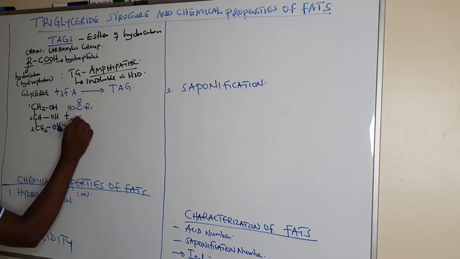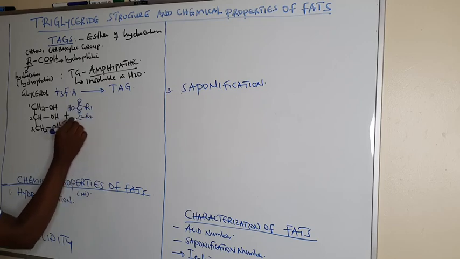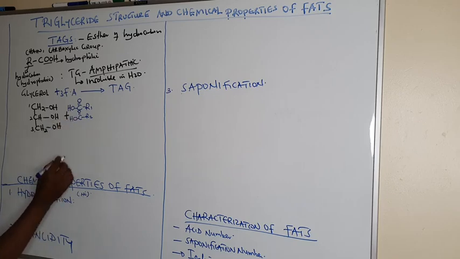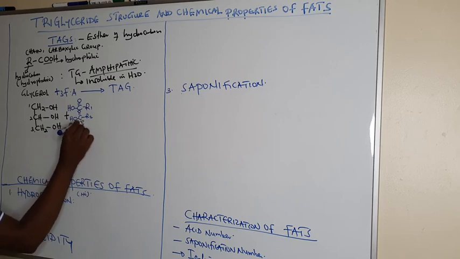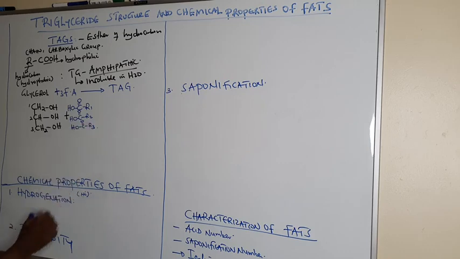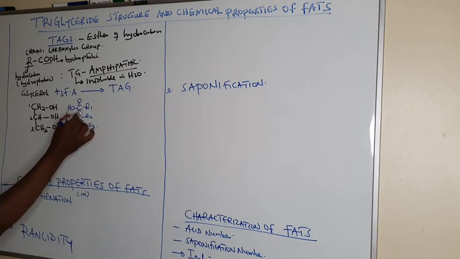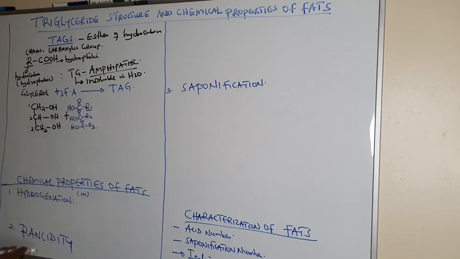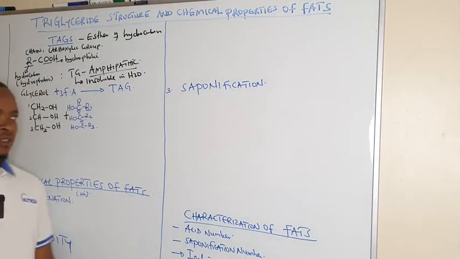Then we have the second fatty acid chain with the OH group. Then we have the third with the OH group. So if we add 3 fatty acids, this is the fatty acid number 1, number 2, number 3, and this R is showing a variable hydrocarbon chain.